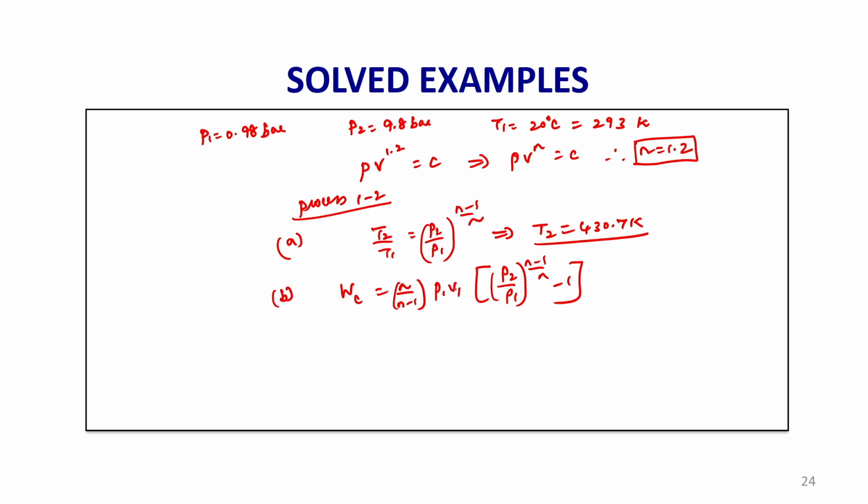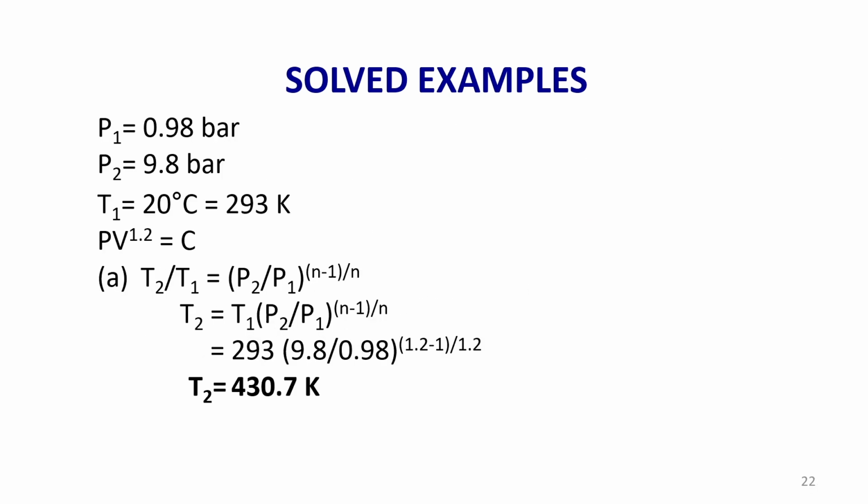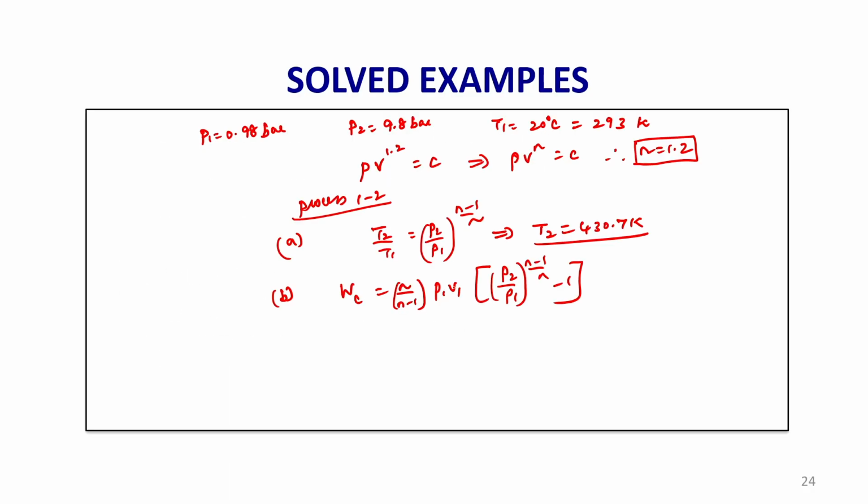But V1 is not known, it is not given in the question like the previous problem. If the dimensions of the cylinder, like the cylinder bore, diameter and the stroke, and the RPM are given, we can find V1. Since it is not given, instead of P1 V1 I will use the other equation, n by (n minus 1) into mRT1, because for air we know the value of R, which is 0.287 kilojoule per kg Kelvin.